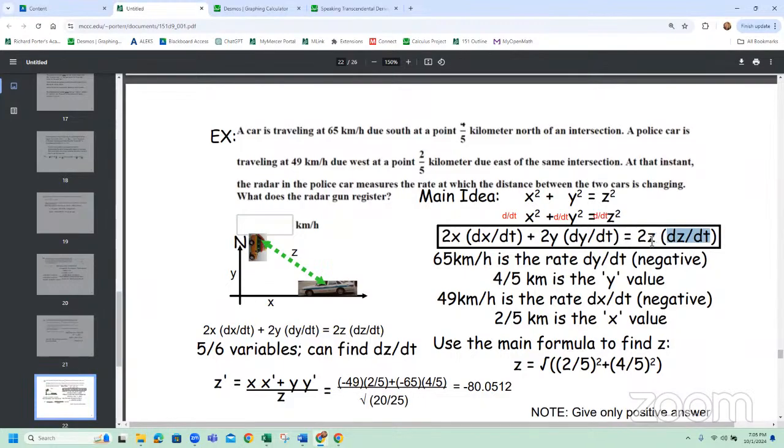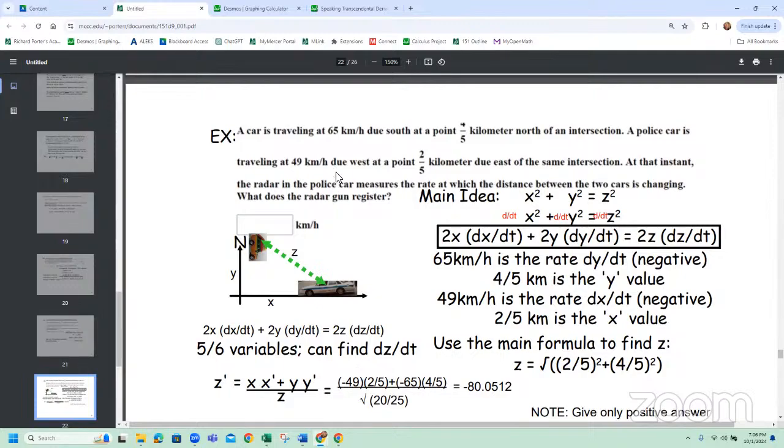How do we get this last z, though? That's another value. That's going to come from the Pythagorean theorem, x squared plus y squared equals z squared. So if you know what x and y are, you can figure out what z is. Then you plug everything you know into the equation. A lot of people just remember this.